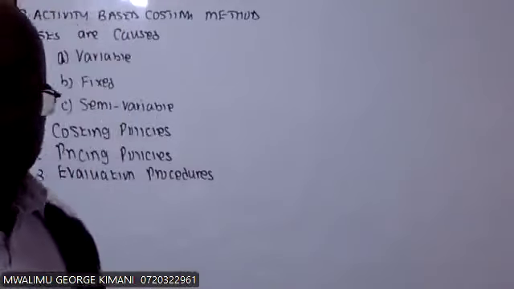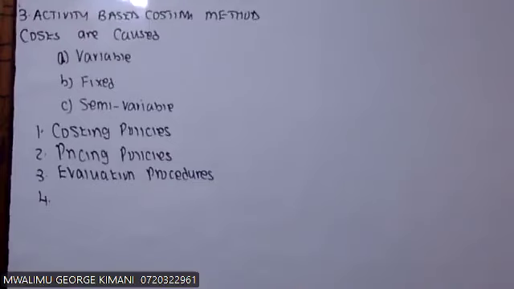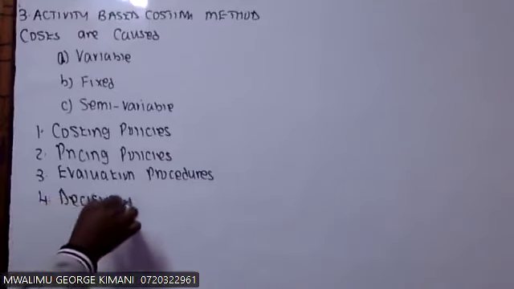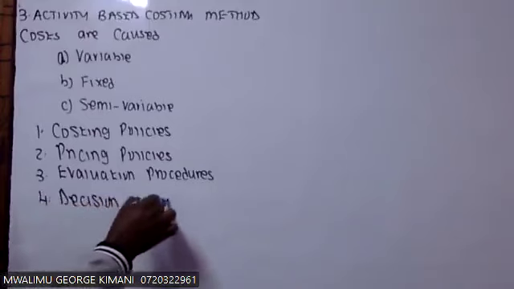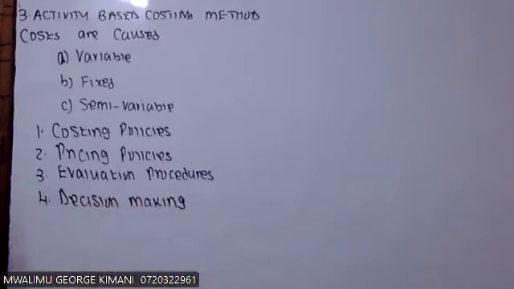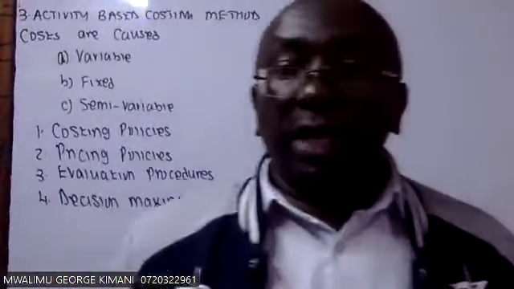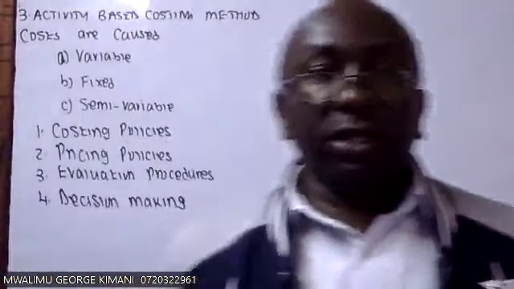Number 4, decision making. So that is what we call activity-based costing.